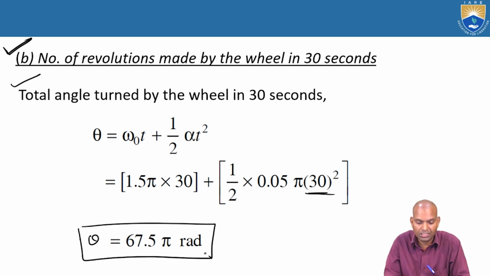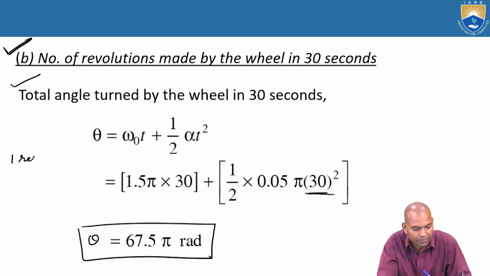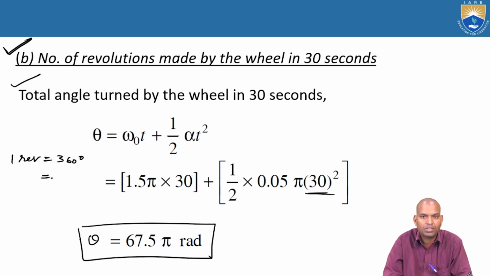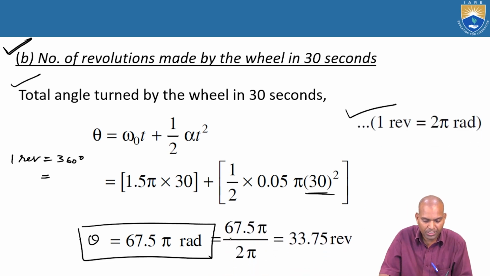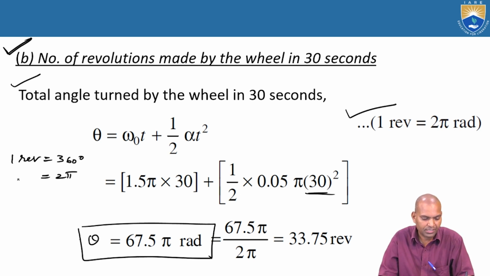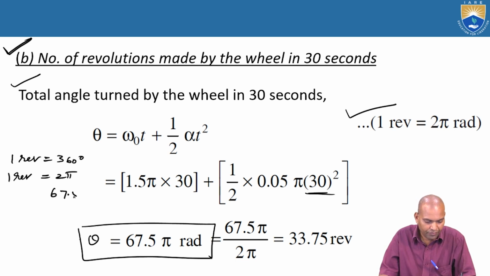We have to convert these radians into revolutions. 1 revolution equals how many radians? 1 revolution equals 360 degrees, which is 2 pi radians. Now substitute: 67.5 pi divided by 2 pi gives 33.75 revolutions.